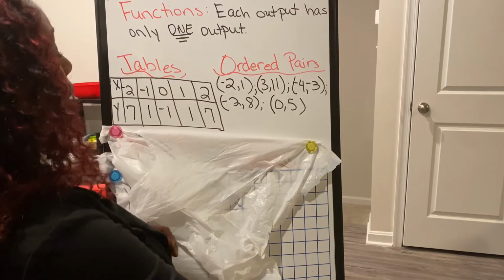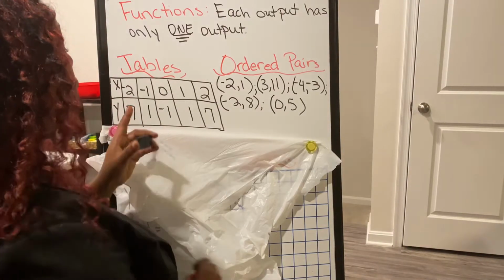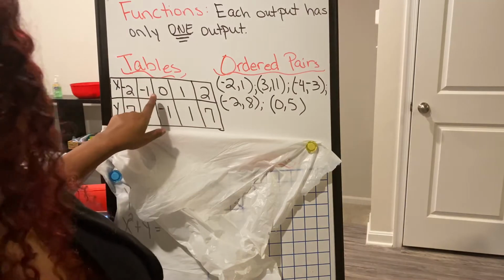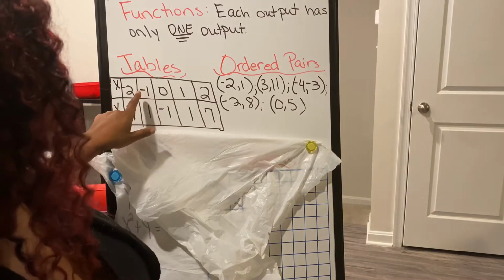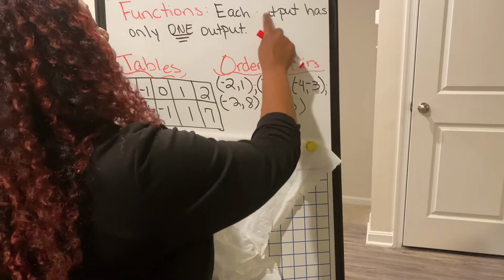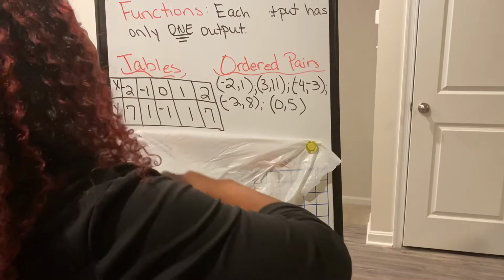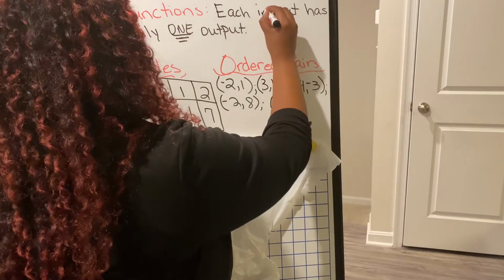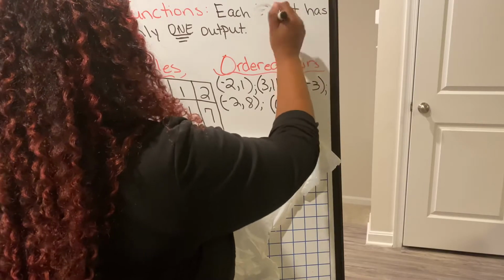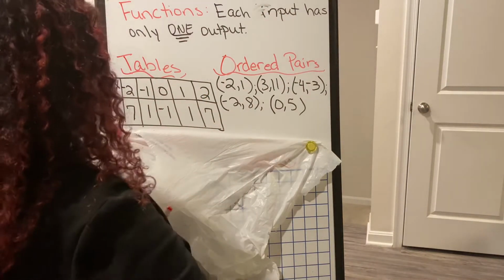Whenever you are looking at a table, the only thing you need to focus on, okay, is does each input have one output? I said output earlier, but this should say input. Each input has one output.